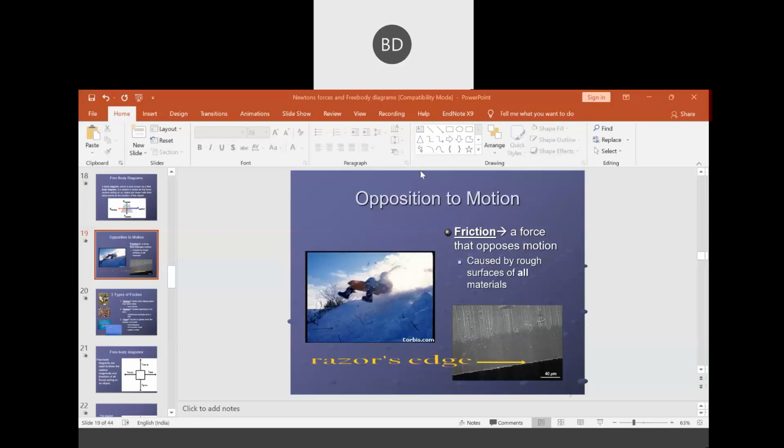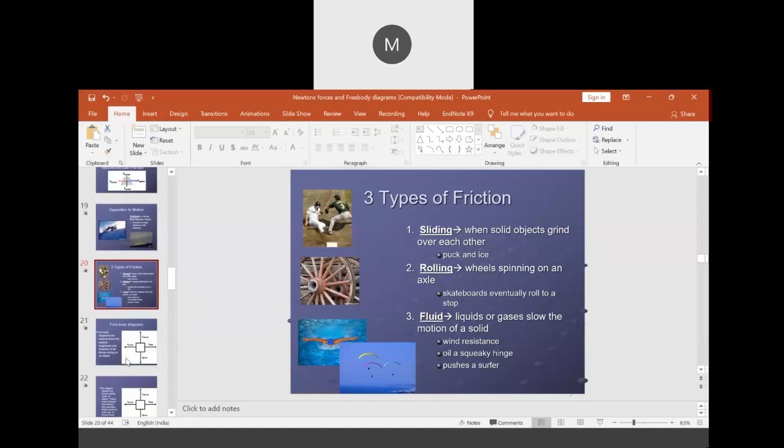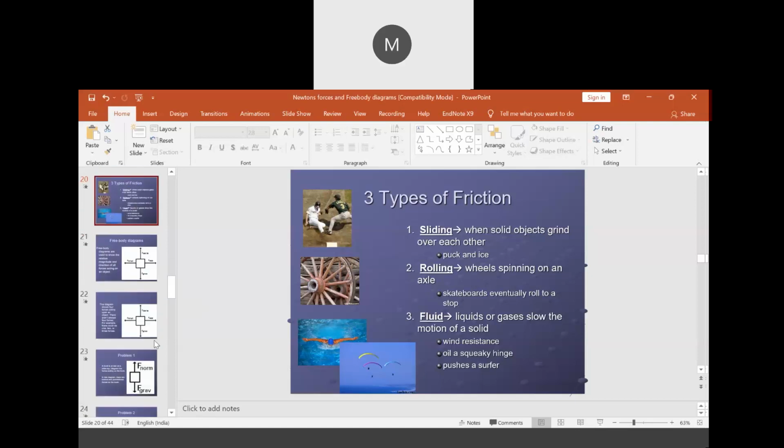Yes, sir. Okay. Now what happens is that this is the friction thing. What are the different types of friction? The types of friction are first of all sliding, then rolling, and then fluid.